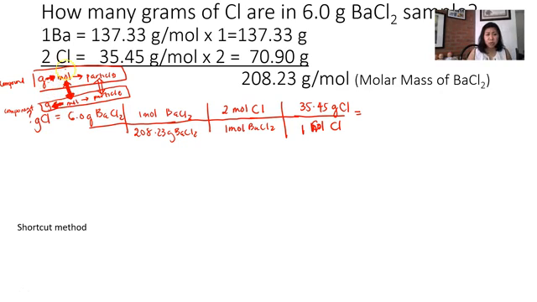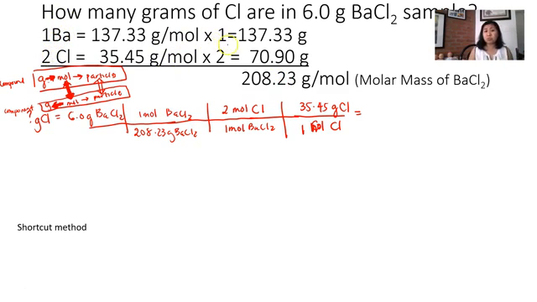So from grams to moles, I'm going to need the molar mass of that compound. We know that the molar mass is 208.23. For those of you who don't know how I came about that number, I basically look at the periodic table. So I know that the formula of barium chloride is BaCl2. It contains 1 barium and 2 chlorine atoms.